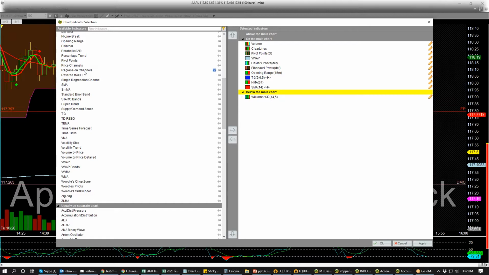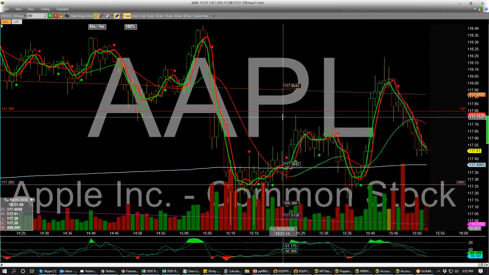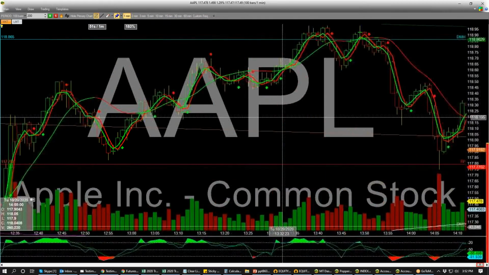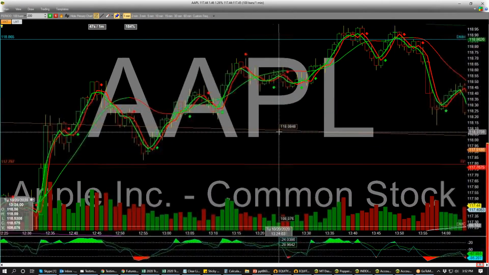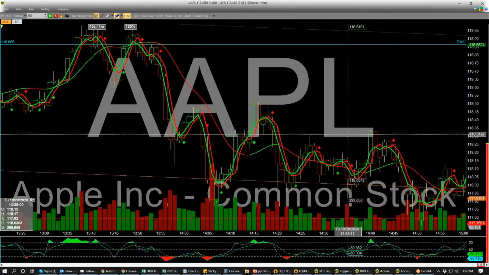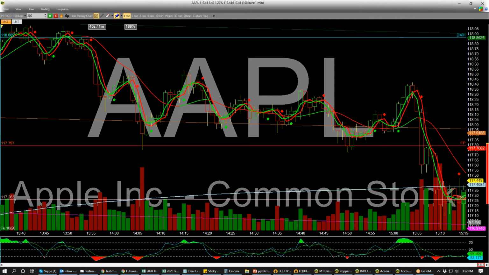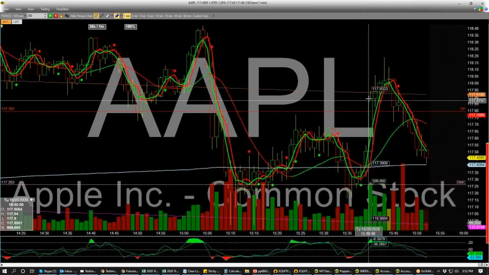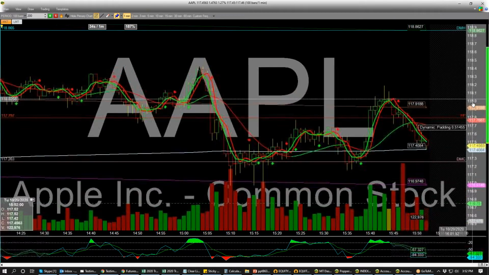Price channels, regression channels. Doesn't Stephen use regression channels? I guess that's this line. That's a regression channel. Those two lines.